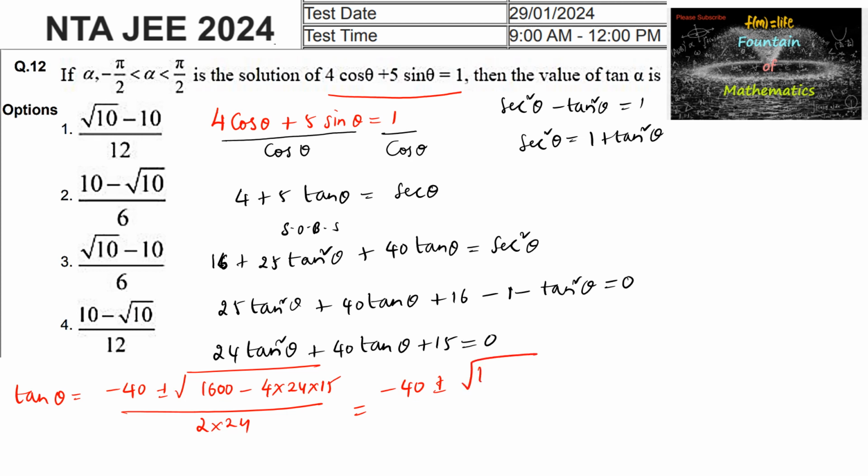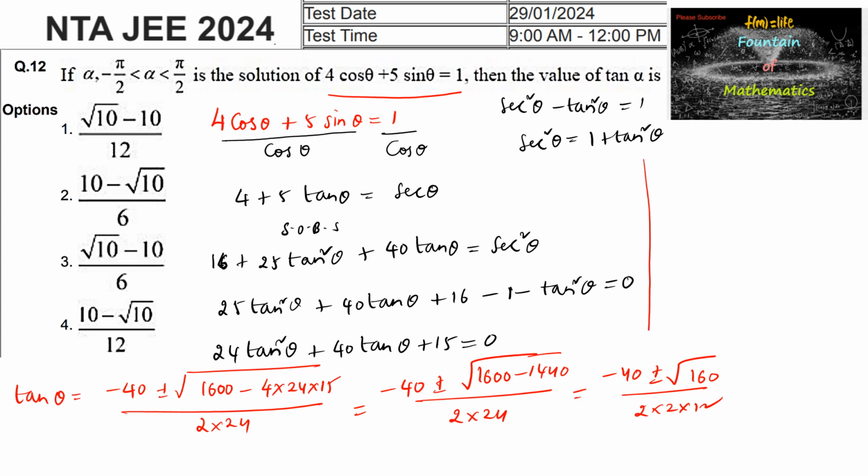So 1600 minus 1440 is 160, divided by 2 into 24.